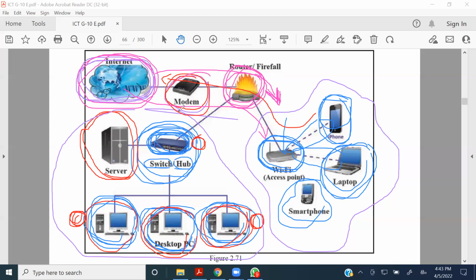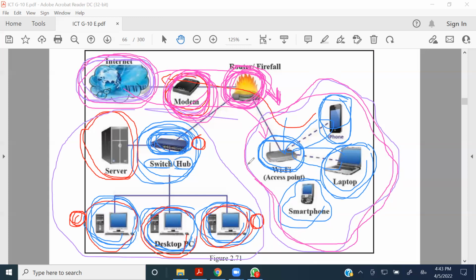Whatever you are going to receive through the modem, or here you can place a router as well, will be checked using the firewall. Then if it is permitted to come into the local area network, that data will be given the chance to go inside. Otherwise, it will be rejected.